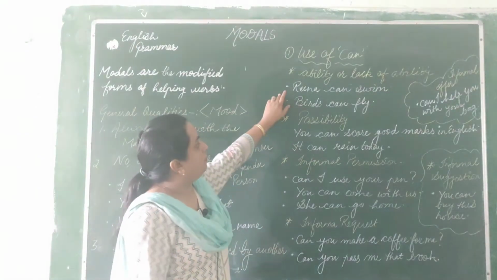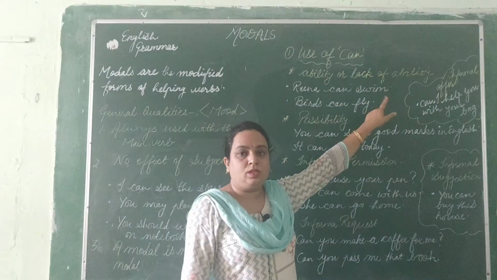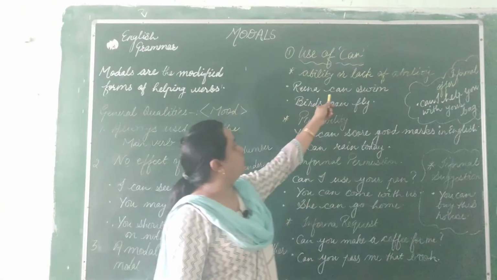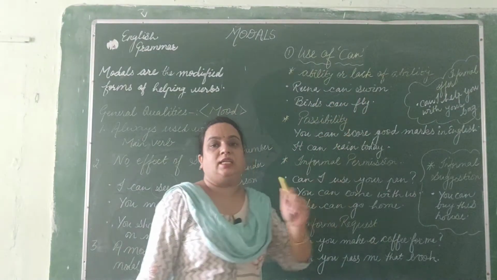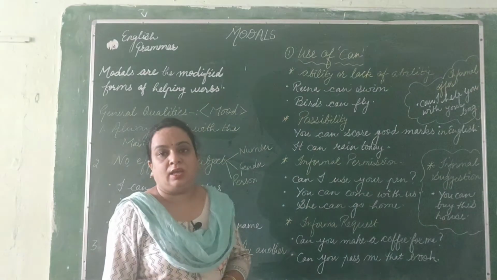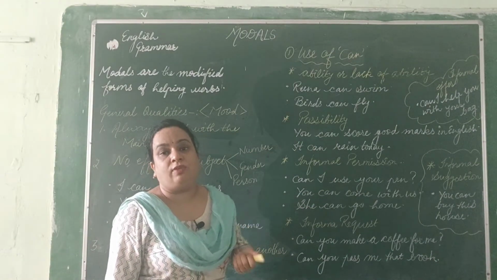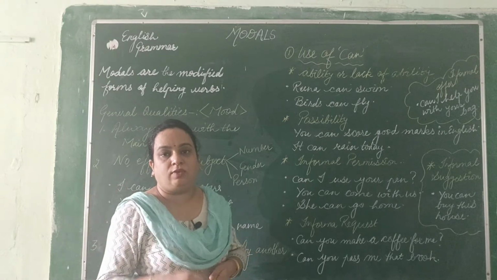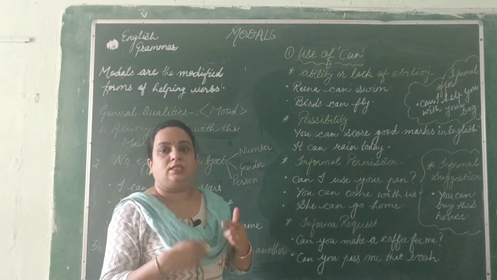For example, Reena can swim, that is her ability of doing something. Birds can fly, or ostrich cannot fly, that is lack of ability in present.